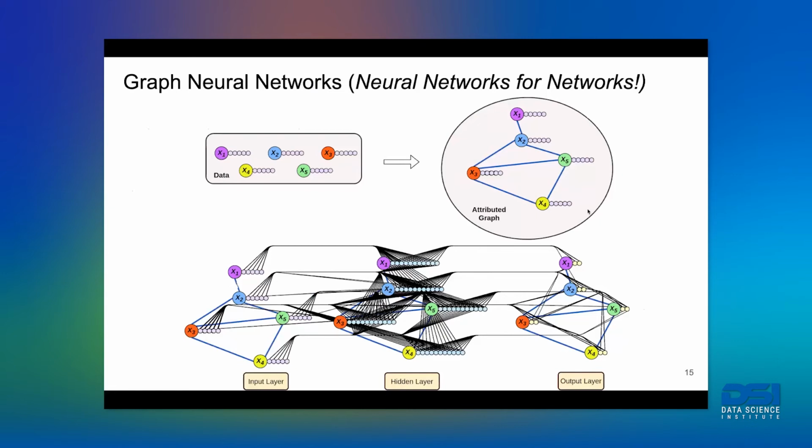Okay, so the figure I'm showing below is a bit of a mess. It may or may not be useful for you. What I'm attempting to illustrate here is how to take the simple neural network, the feed-forward pass through the simple vanilla neural network, and extend it to a scenario where now we have data that has relationships between the different data points.